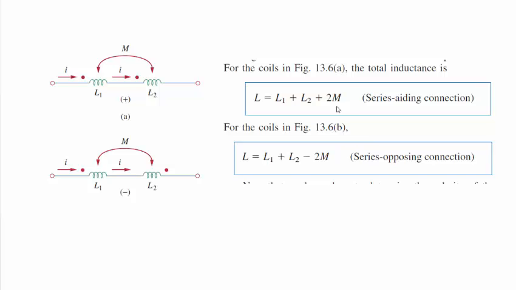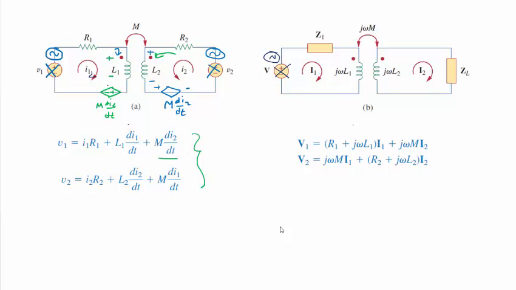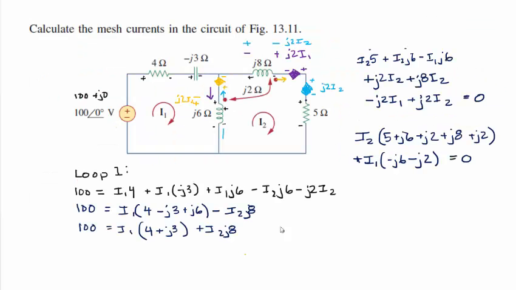So I should have a series aiding connection here. So let's see if I really do. On this circuit, all of the voltages made by current I2 have a J2 that appears 2 times. So I have 2 times the mutual inductance occurring. So these are series aiding inductors.